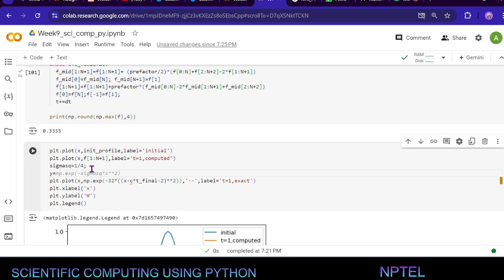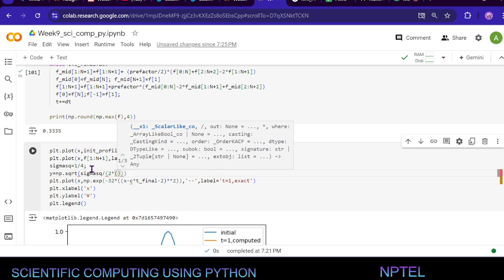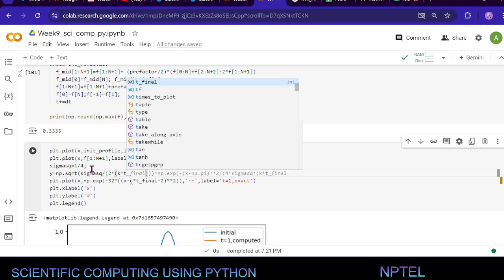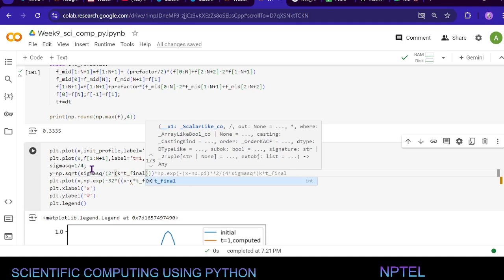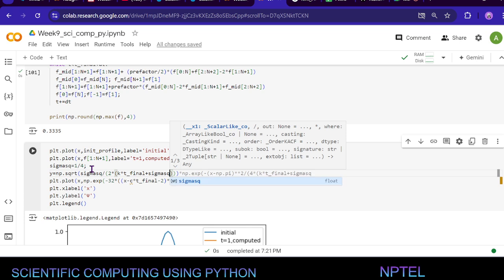y is np dot sqrt of sigma square divided by 2 times something, and that something is k times t, the diffusion constant times t final, plus the original sigma square by 2.